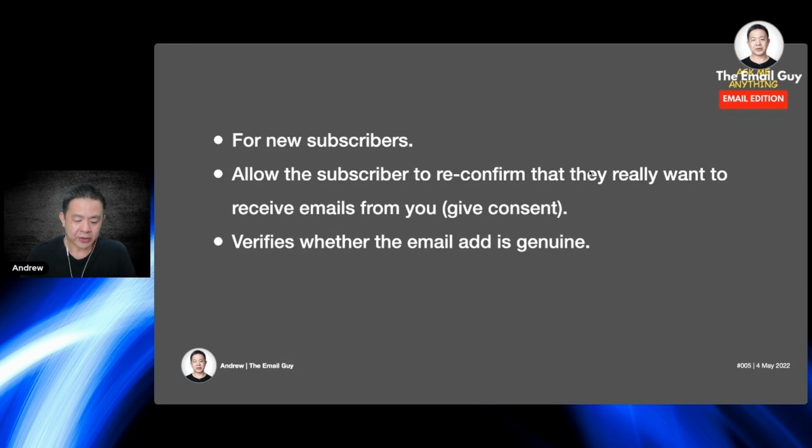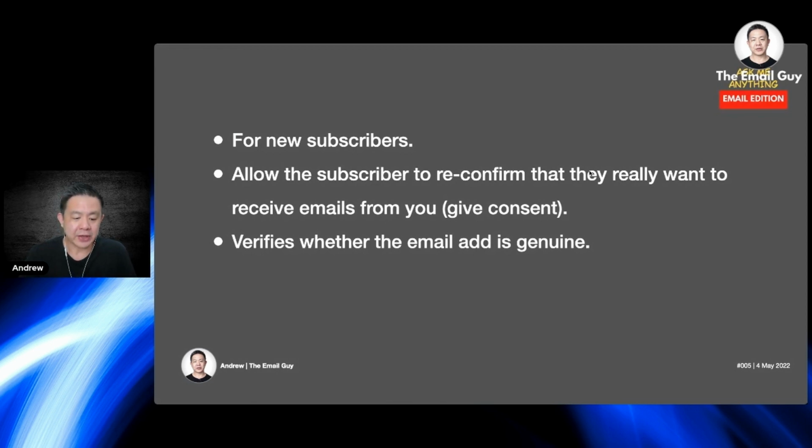So what it does is, for example, if I type in andrew@gmai.com, without an L, okay, and it goes into your system, and because you don't do double opt-ins, your system automatically, if you have automation set, your ESP will continue to send emails to them based on the schedule that you set. And obviously, if you have a significant list, you won't be going to check every single email.